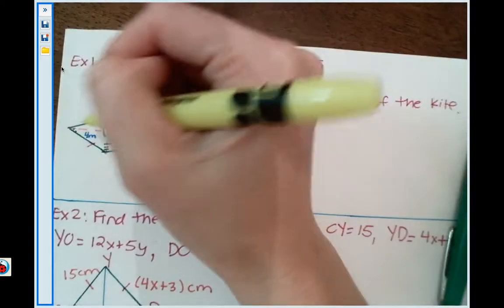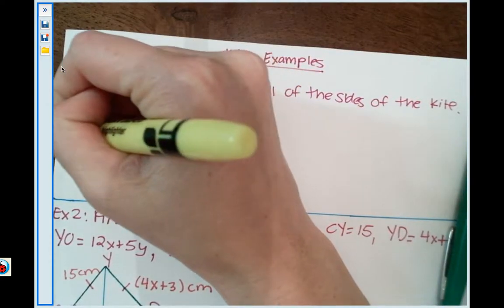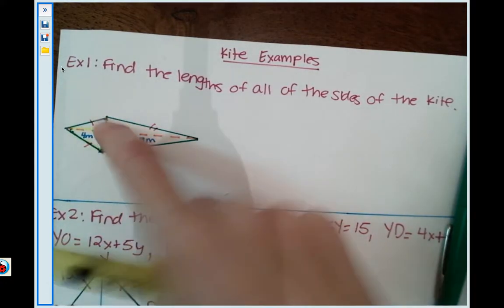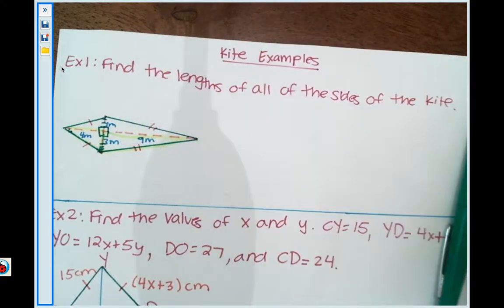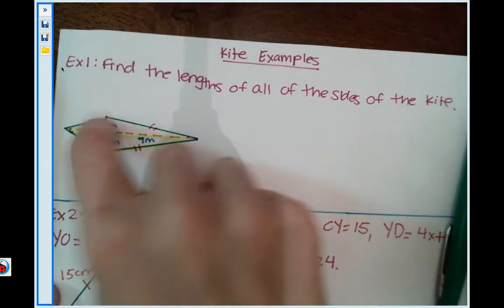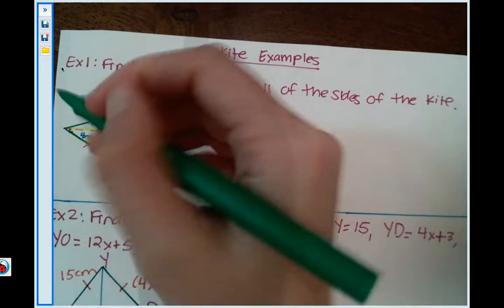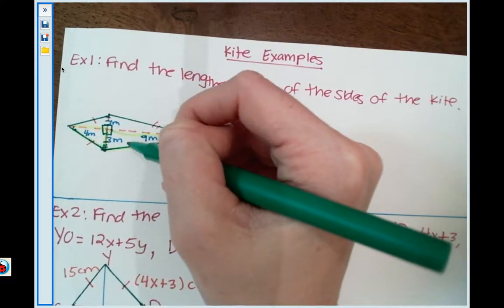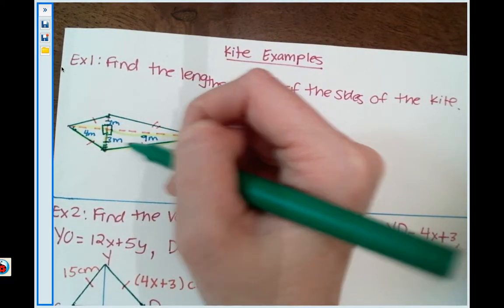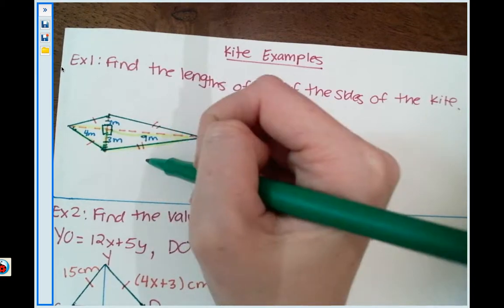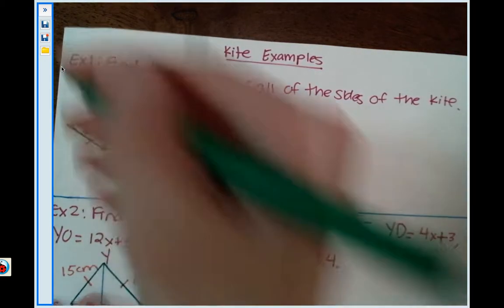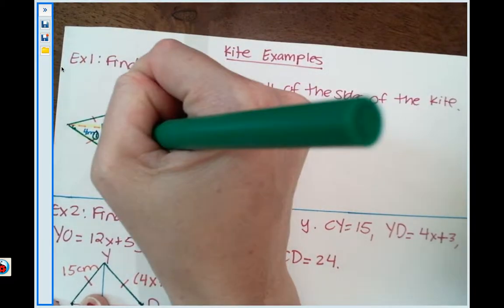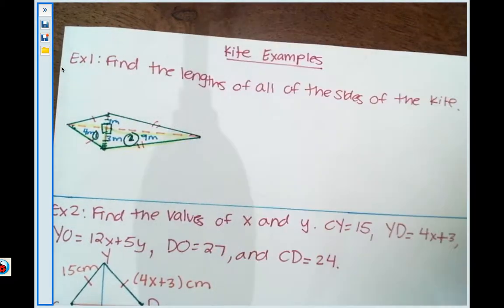There's one right here, one right there, one down here, and one over here. I'm going to focus on these 2 triangles, because if we can use them to find one of the side lengths, that'll help us find these 2, because these are congruent. I'm going to call this one triangle 1 and this one triangle 2.